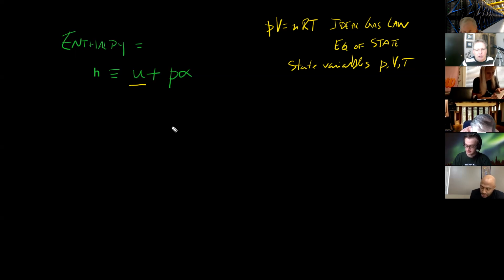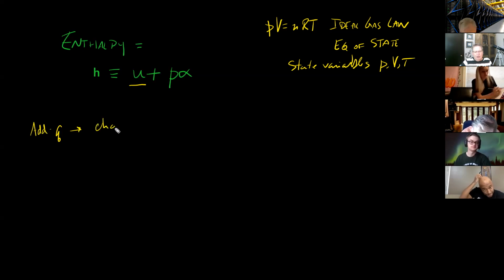So if I add heat to this gas, add Q, what am I going to do? I'm going to change the state. We know that if I add heat to a gas, from the first law, I'm going to get warmer, which changes the internal energy, and I'm going to expand, which must change this. Even if it's a constant pressure, the volume's changing.